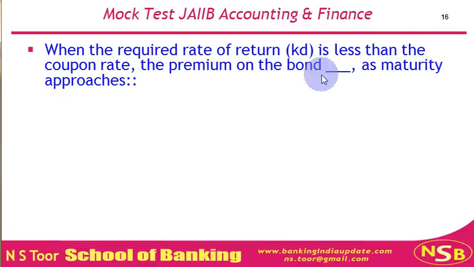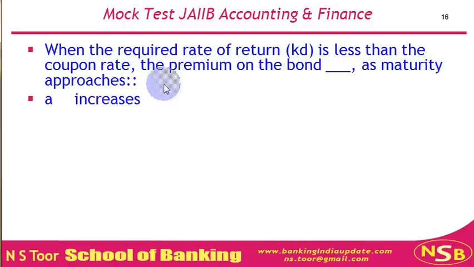So when the required rate of interest, that is YTM, is less than the coupon rate, let us say the coupon rate is 8% and YTM, the current market interest rate, is 7%, then what happens to the premium on the bond as maturity approaches?